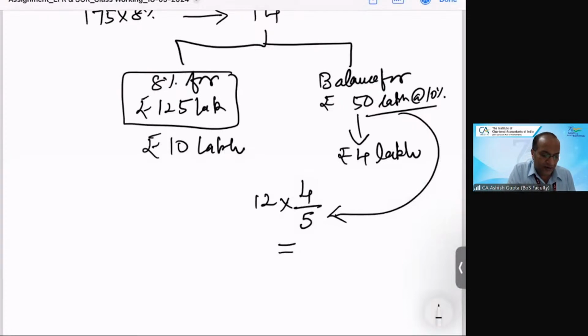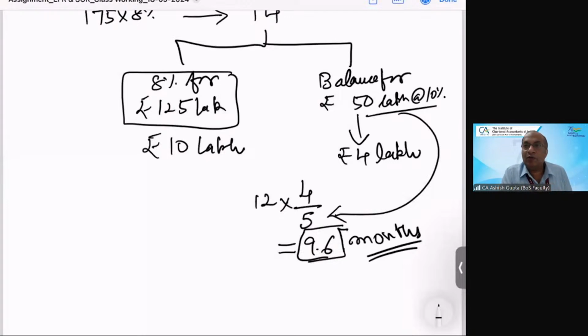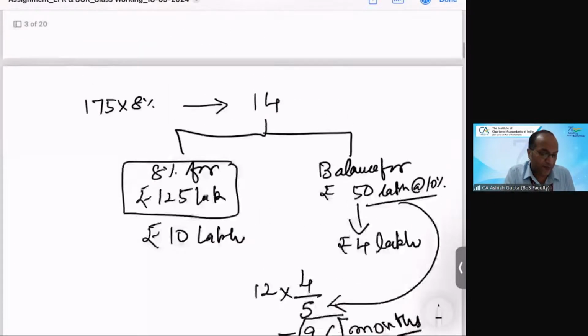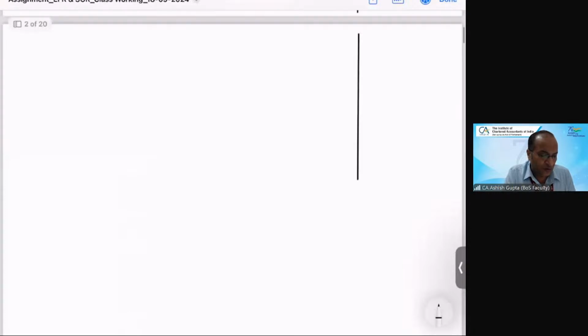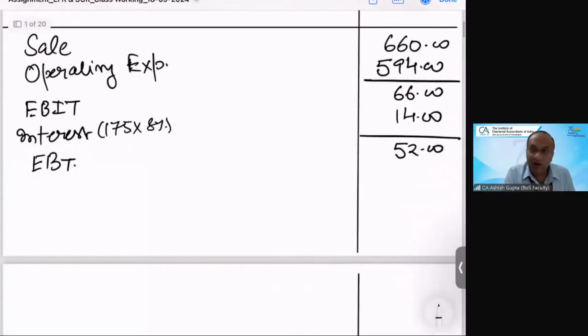So ultimately, I am paying the interest for a period of 9.6 months. So we can even come to know what time we issued the equity and the additional debt. I hope it is just for your knowledge only. Here we have computed this.